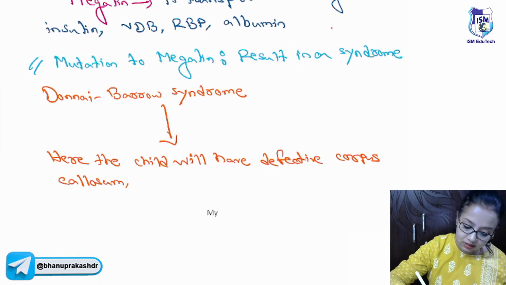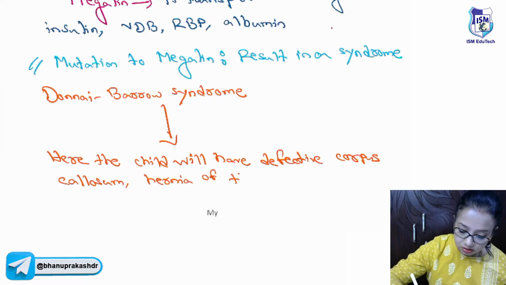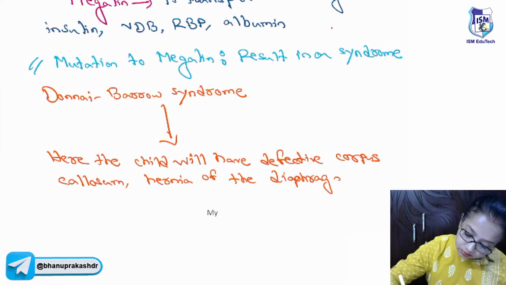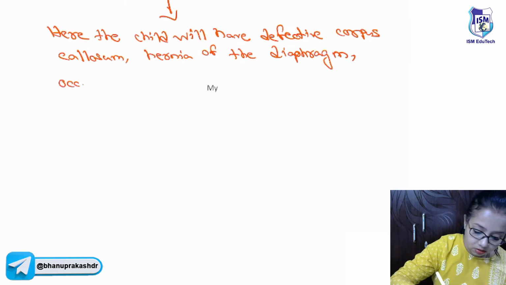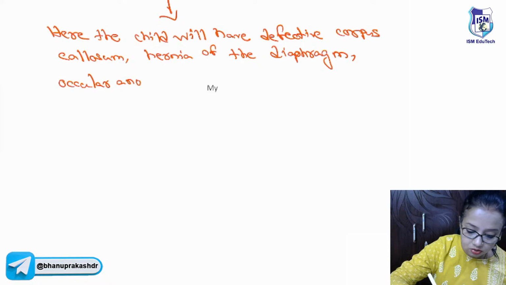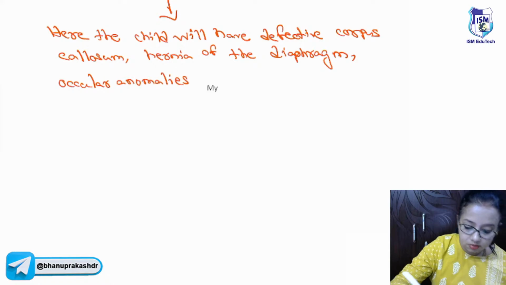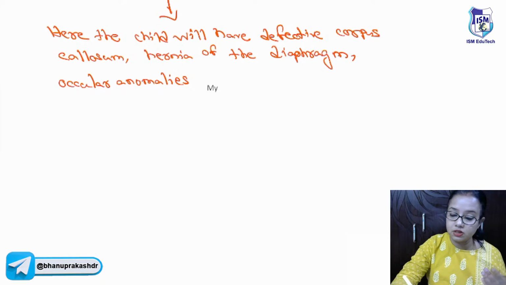Corpus callosum. Then there will be hernia of the diaphragm. There will be ocular anomalies, because the structures in the brain are not developing properly. So everything that is related to the face, facial structure, vision, formation of the facial characteristics, hearing, everything will be affected.